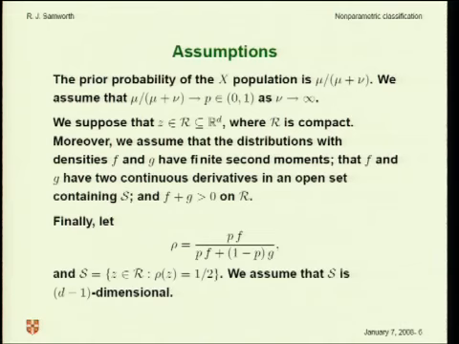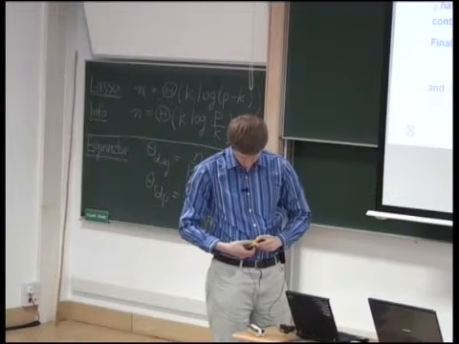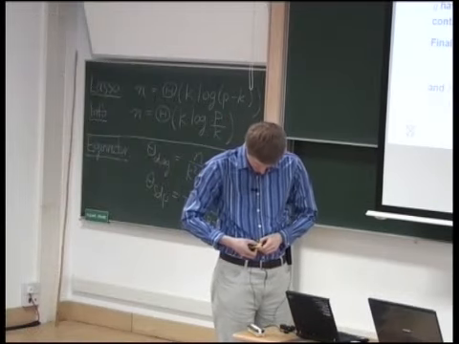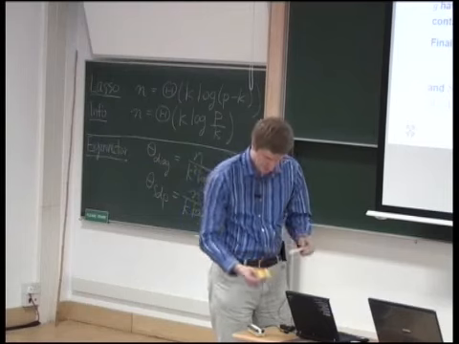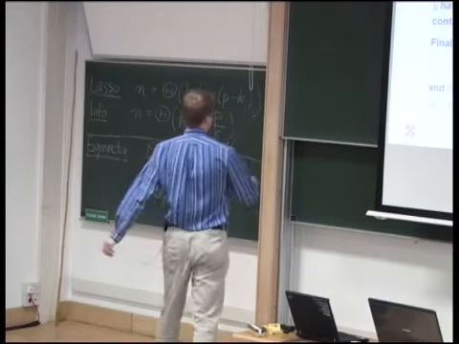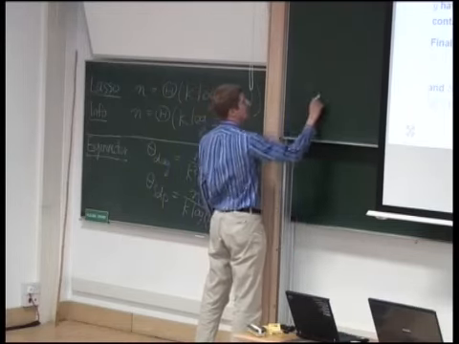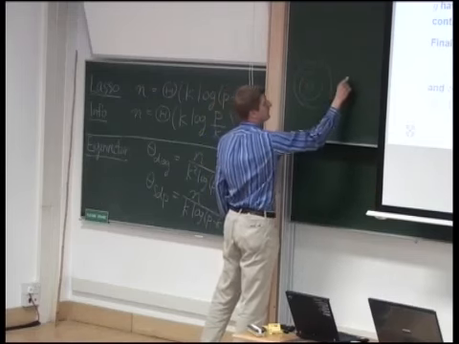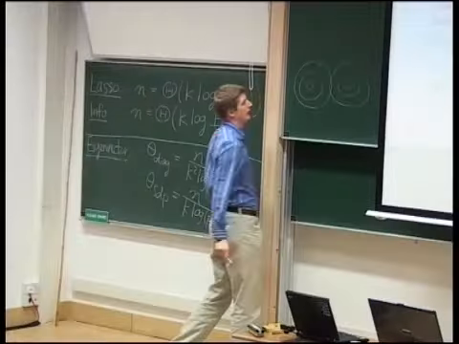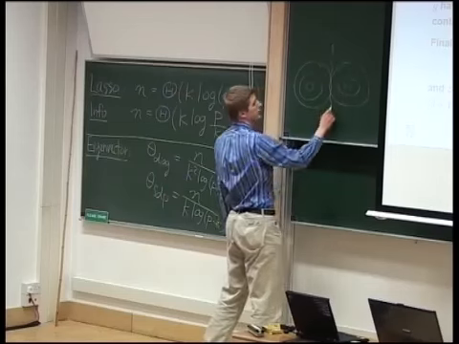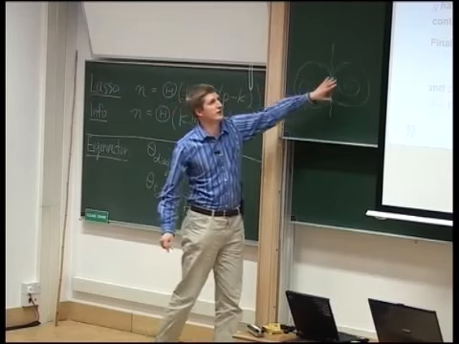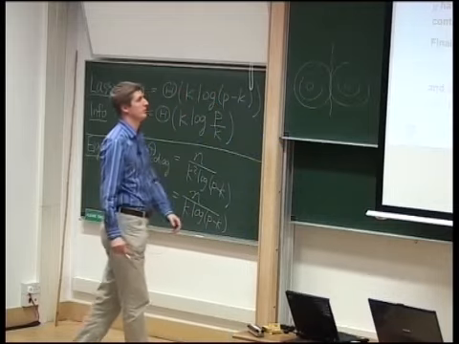This set S is going to be crucial. If I think of contours of the densities looking like this, this set S, these are the weighted contours of densities weighted by these prior probabilities.